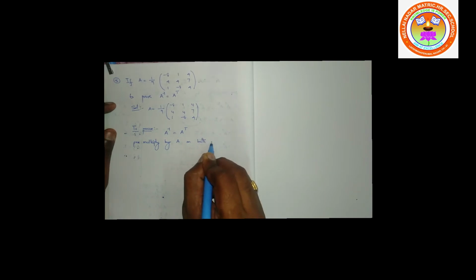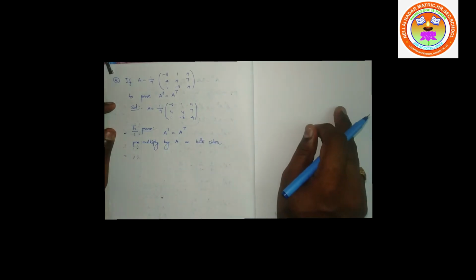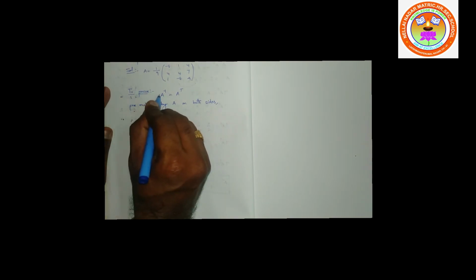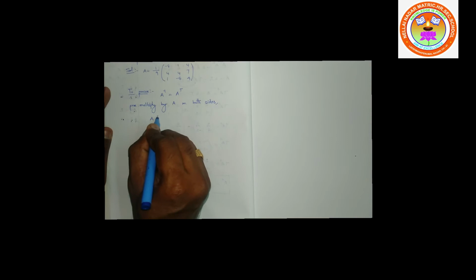Instead of proving A inverse is equal to A transpose directly, I am going to pre-multiply by A on both sides. So pre-multiply means I need to multiply before A inverse and A transpose: A into A inverse and A into A transpose.